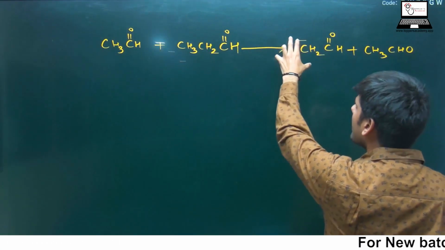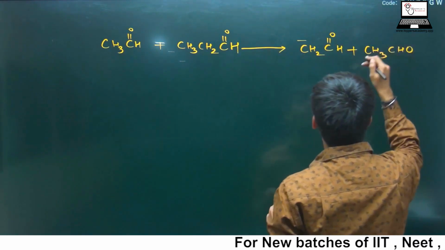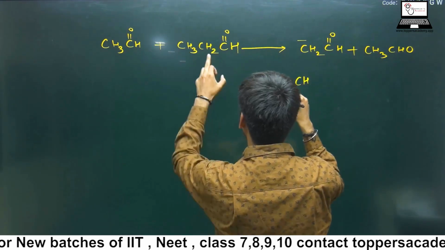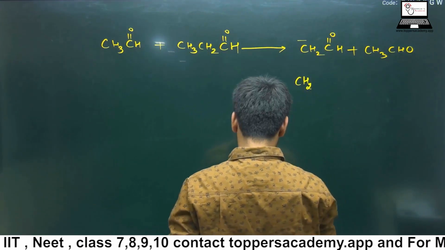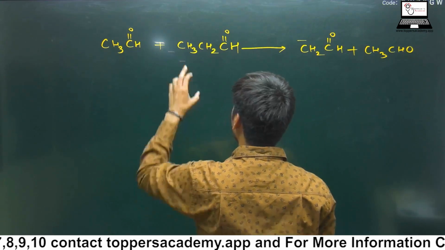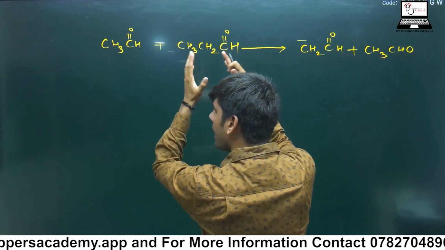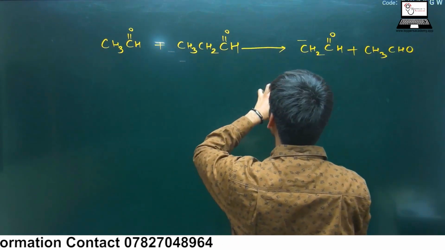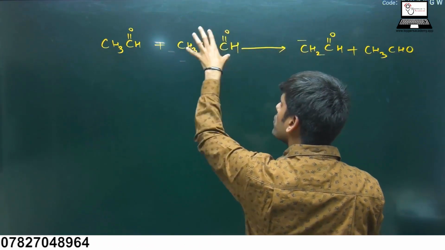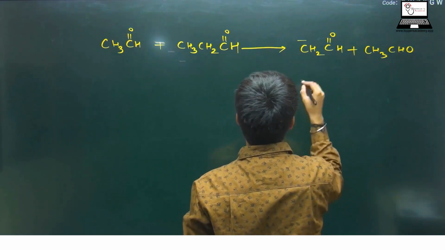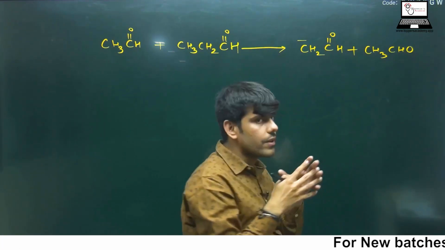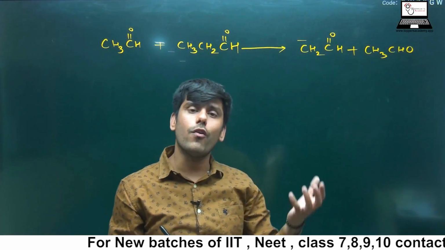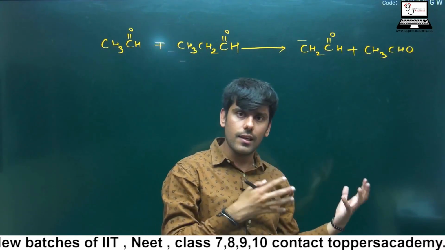So the carbonyl is of the same molecule. Similarly, I can have the carbonyl of propanal, and the other molecule is also propanal. So these are the examples of self-condensation, where I have the carbonyl of the same species as the carbonyl compound.